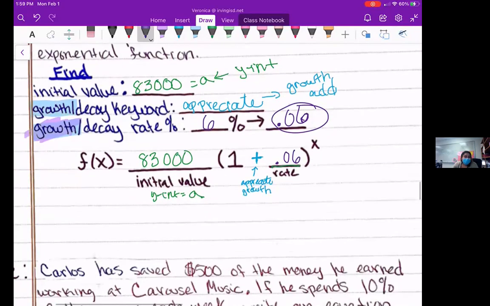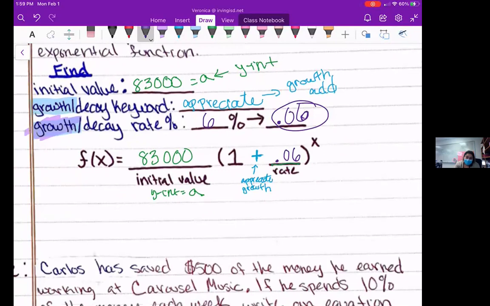Now, there's one thing I need y'all to understand. There are 2 different ways you can write this. If this is multiple choice, your answer could look like exactly what we just wrote, which is 83,000 times 1 plus 0.06 to the power of x. That is completely correct.